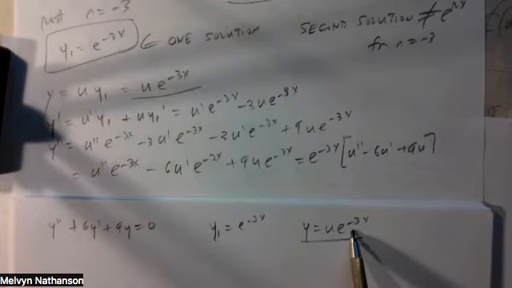And if y is u e to the minus 3x, y prime, I just calculated it. I can factor out e to the minus 3x. It's e to the minus 3x, u prime minus 3u. And y double prime is e to the minus 3x, u double prime minus 6u prime plus 9u.